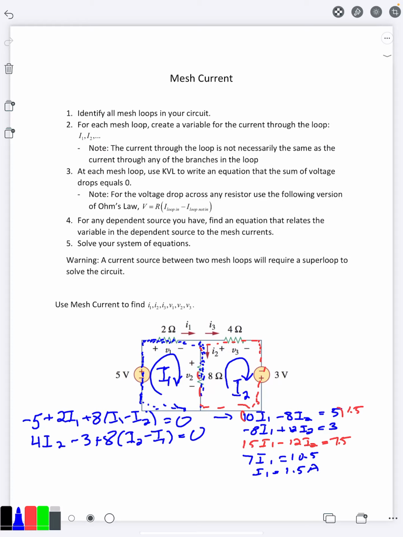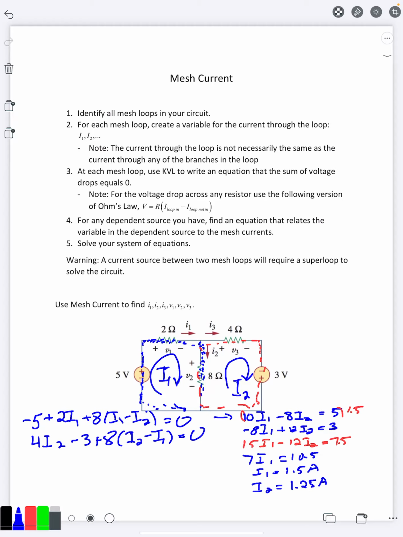So I've got my I1 here, which I can then plug back in to find my I2, capital I2. Maybe I'll plug it in the top one there. 10 times 1.5 is 15. Minus, that's going to be negative 10 divided by negative 8, which is going to be 1.25 amps.